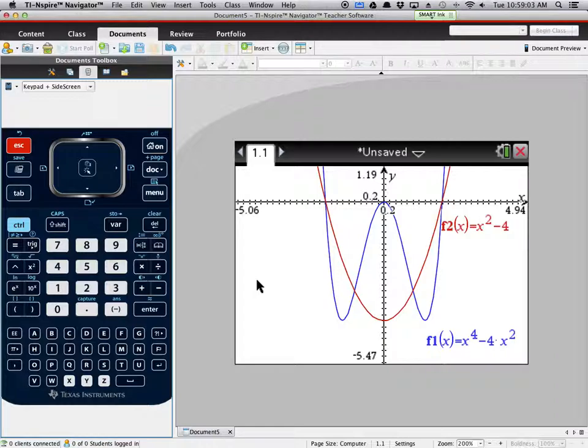It's symmetrical across the y-axis. That's what we want to notice. So that means I can just worry about the left side and do what to take care of the right side? Double it. Multiply by 2. So that's what I want to do.